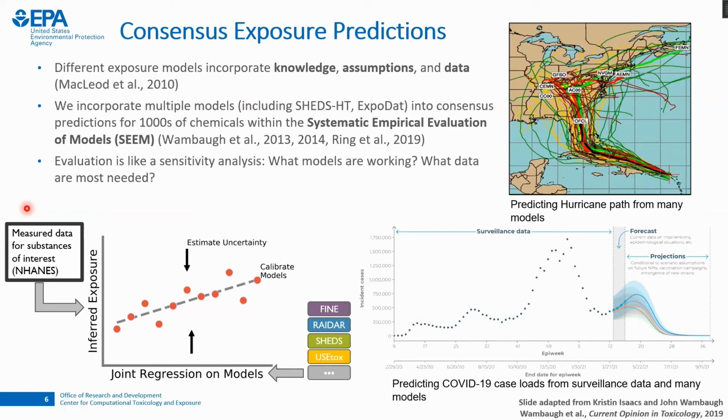We can take those measured concentrations, infer an exposed dose from them, and then compare that inferred exposure to model predictions from various high throughput exposure models. And then we can do a joint regression to minimize that uncertainty and calibrate our models to know which models actually do a better job of predicting which chemicals and make an assessment from there as to what may be a better prediction.